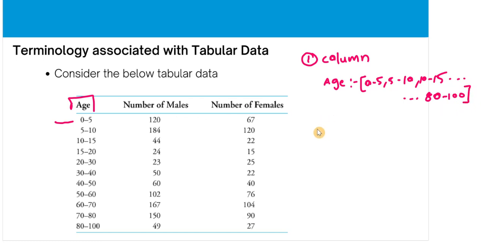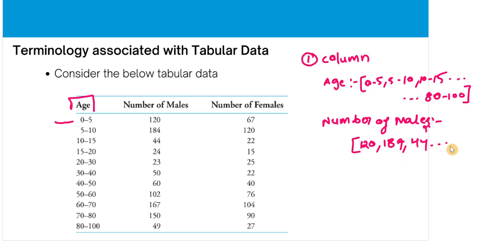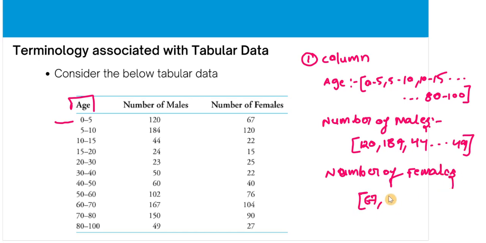Similarly, the number of males column will take values between 120 and 184 and 44, up to 49. Similarly, the number of females column will take values between 67 and 120, up to 27.